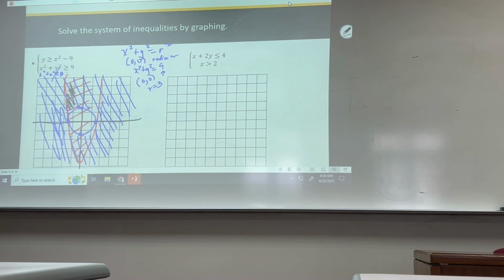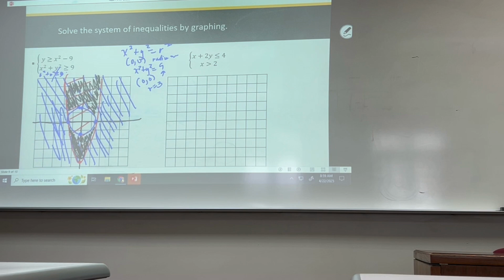Definitely in here, you agree? I'm just going to try to darken the edge. You click in this little area, it'll automatically shade it for you. And then I see red and blue again down here. You agree? Okay, so that's the solution to the system.